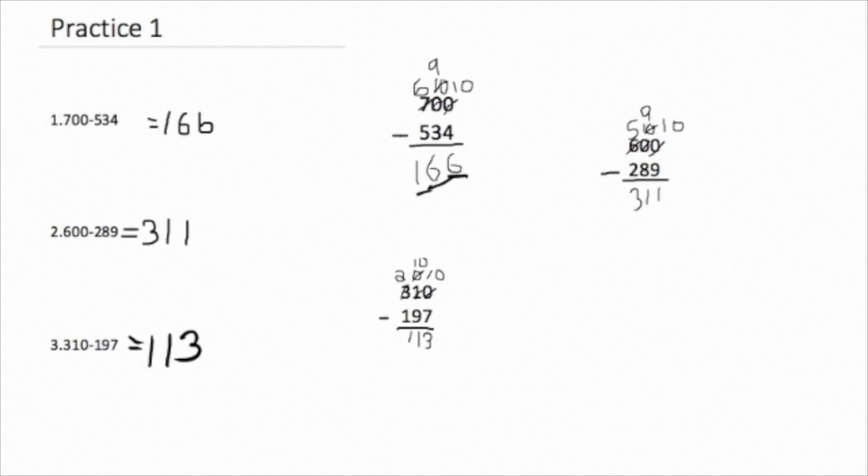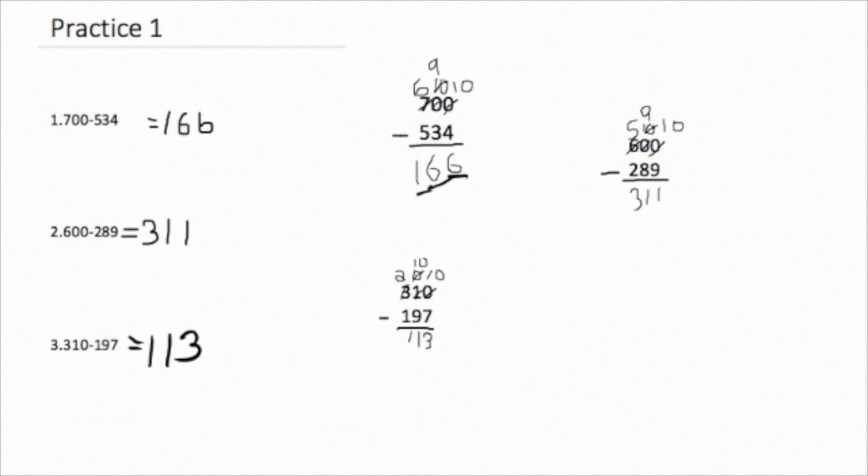Next question, 310 minus 197. I got 113. Let's do it again. In the ones place, 0 minus 7. Can't do it, so we have to go to the tens. This time we can borrow, because it's a little different than the ones. This one doesn't have two zeros. This one has a 10. We can take this one, make this 1 a 0, and then make this 0 a 10, so we can subtract 10 minus 7 equals 3.